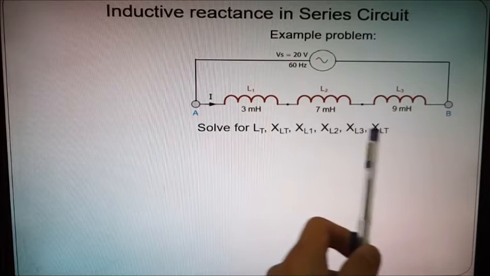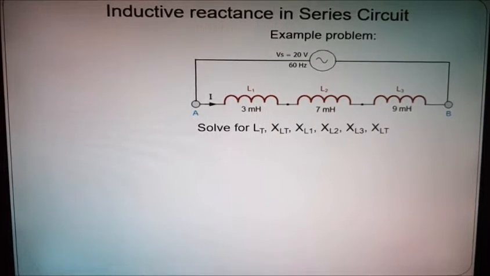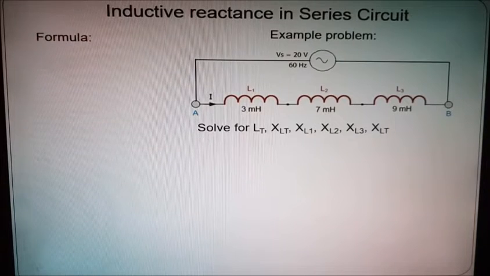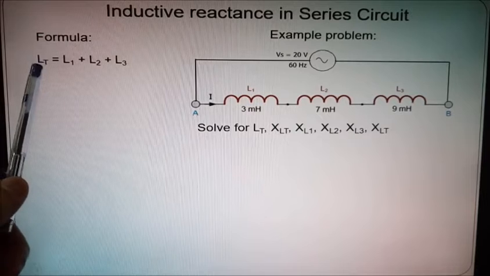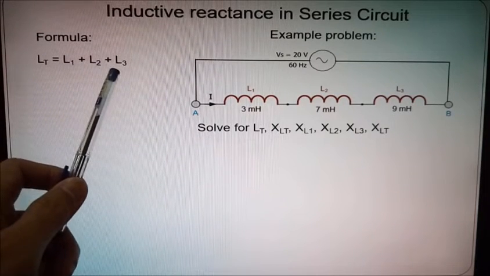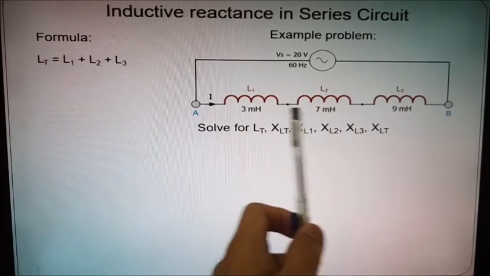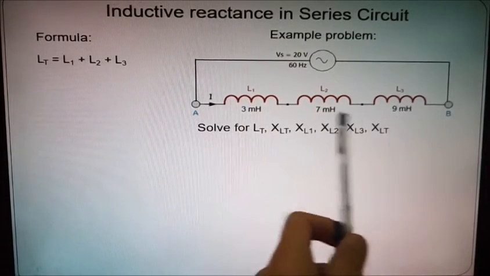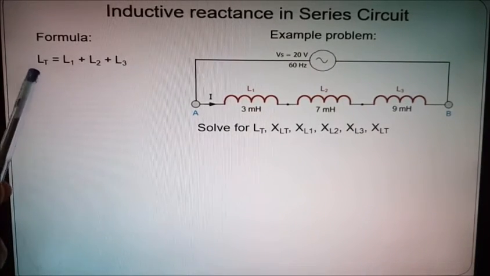We have two formulas involving total values. The total inductance LT is equal to L1 plus L2 plus L3, so you just add all three values of inductance.